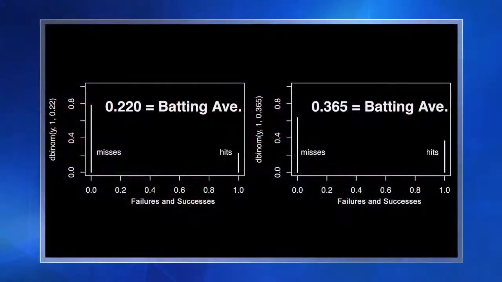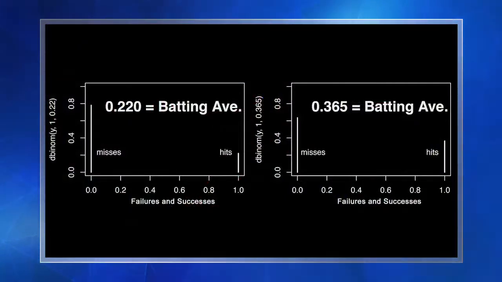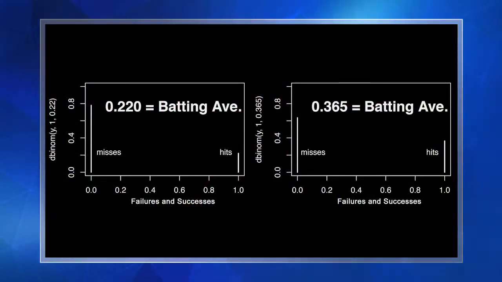In fact, we have some prior information about batting averages, right? Most season averages range between, say, 0.22 and 0.365. So notice there's a binomial distribution that's lurking in the background because at its core, the batting average represents a series of successes or hits and failures, which might be misses.